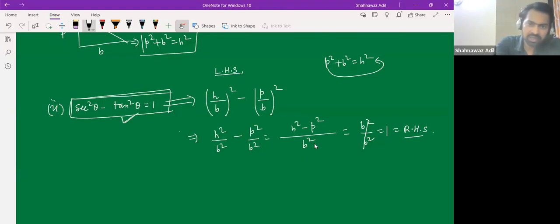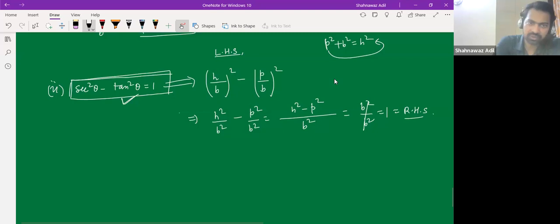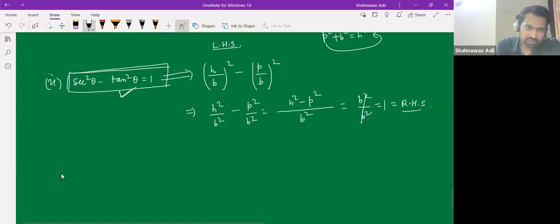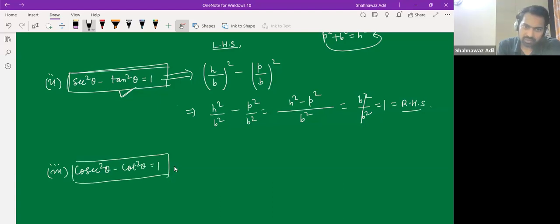Now let me also write the third one, and then you guys will know that. So the third one relates cosec theta and cot theta. So again we can prove this, right? So this is h square by b square minus b square by p square, right?